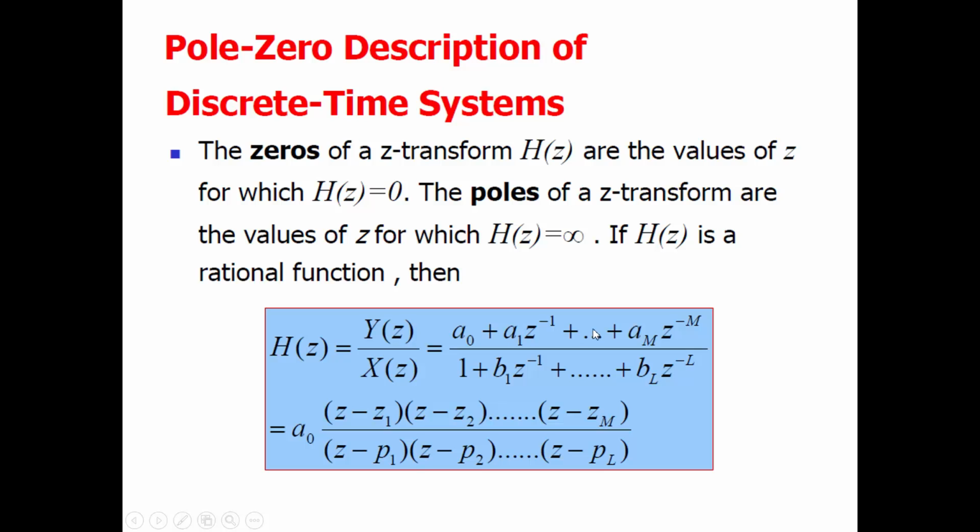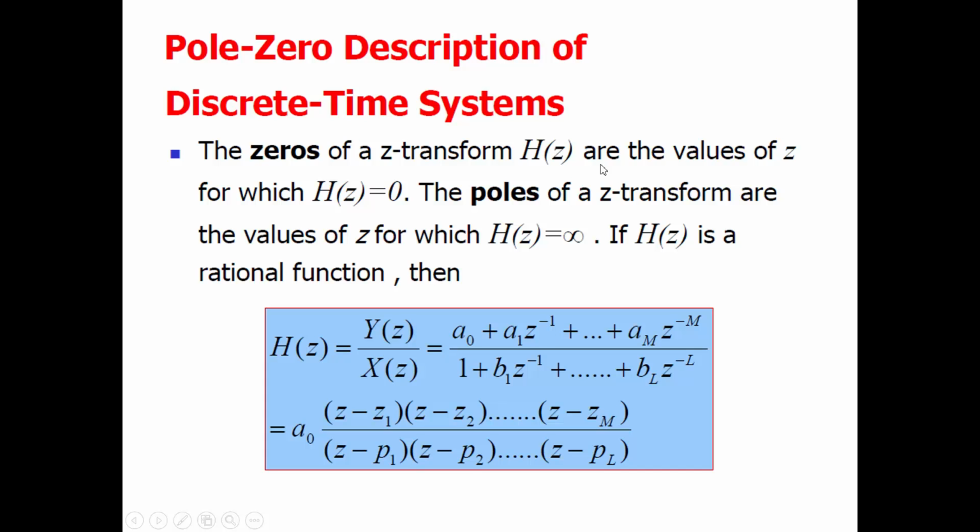Now if we factorize the numerator polynomial and the denominator polynomial, you will get a general expression like this. If you see z1, z2 and zm values, if you put these values here in this expression, this will make H(z) go to 0. And if you put p1, p2 and pL values, these values will make the H(z) expression go to infinity.